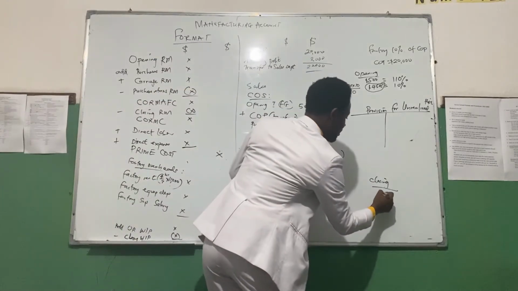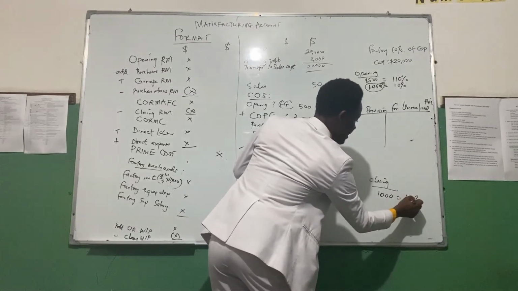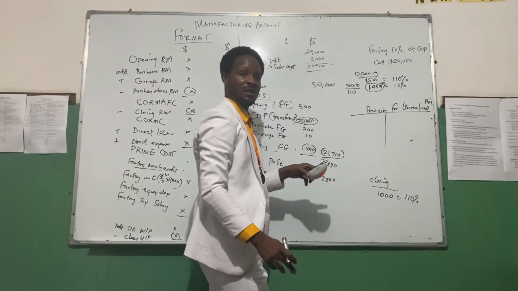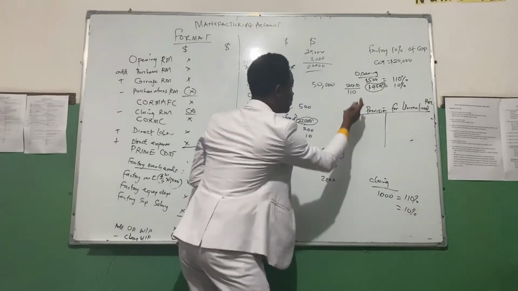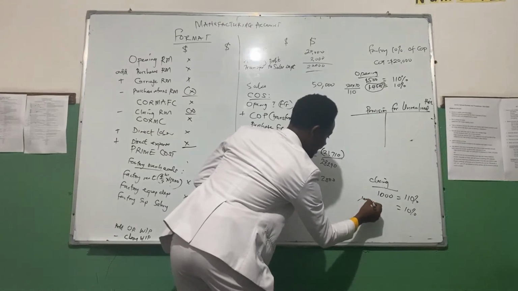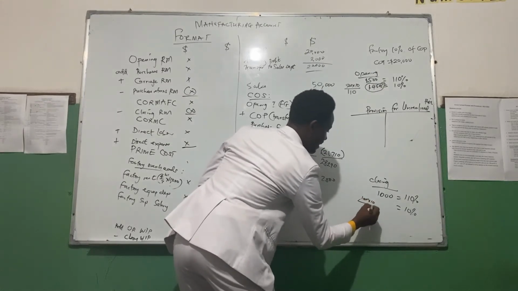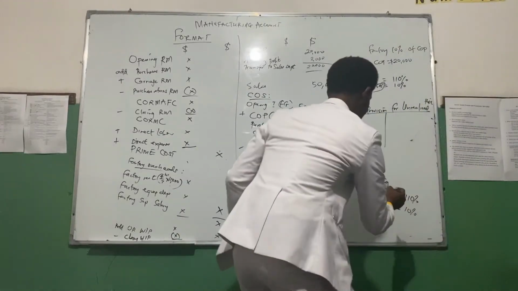So that means 1,000 has 10% of profit in it. So what is that 10%? You just do as we did above: 1,000 multiplied by 10 divided by 110. So what did you get? 90.9.